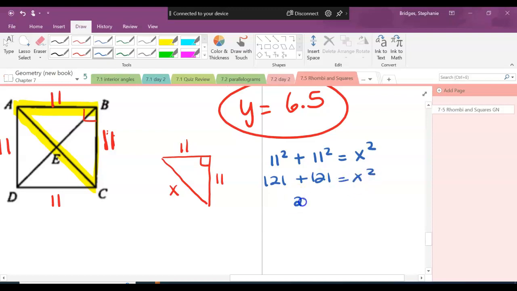If I add that together twice, I get 242. When you find the square root of 242 in your calculator, let's round to the first decimal place. Okay, everybody in your calculator, do the square root of 242. Round it to one decimal place.